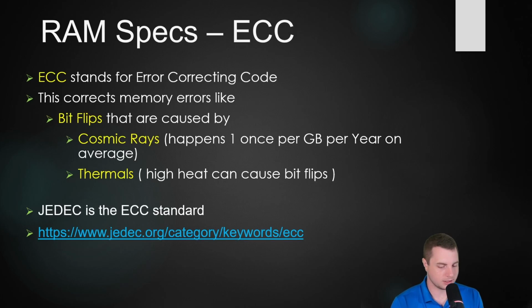ECC. Okay, so this is an important concept, especially if you're going to be in the server world. ECC stands for error correcting code. And what this does is it corrects for memory errors like bit flips. Now, bit flips are caused by two things. I'm going to start with thermals because that makes sense to people: as the environment for the RAM heats up, the chances that an electrical problem is going to happen between those bits is higher.